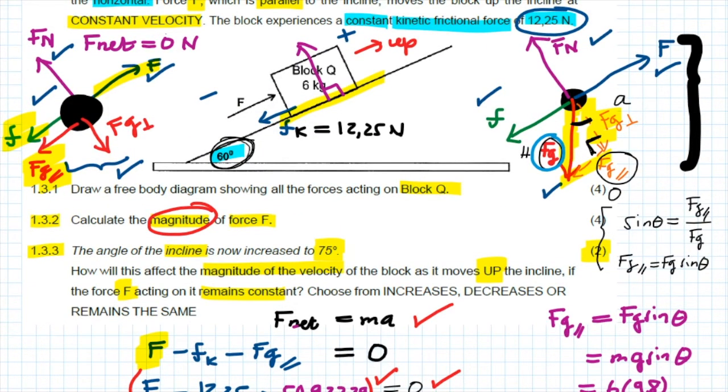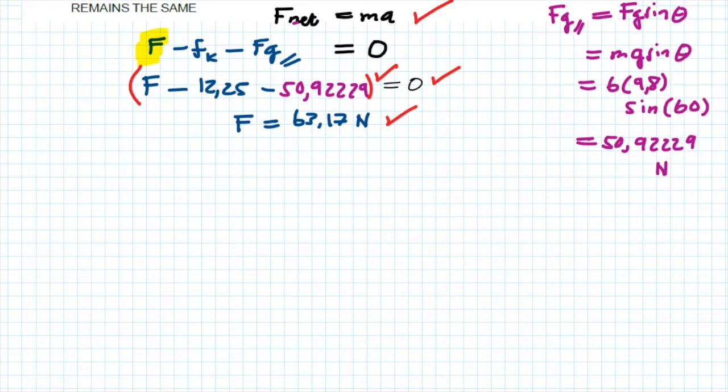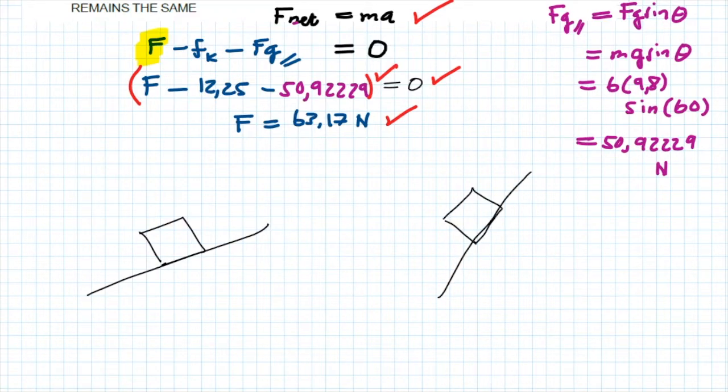If it's going to help you, go and draw, because drawing is going to give you a better idea of what's going on. At first, we had an object on an incline, and I'm going to draw that incline less steep like this. There's our block. And then what happened is that we increase the incline. Now I am exaggerating over here, but it's just to emphasize the point.